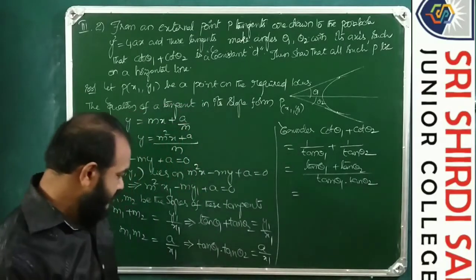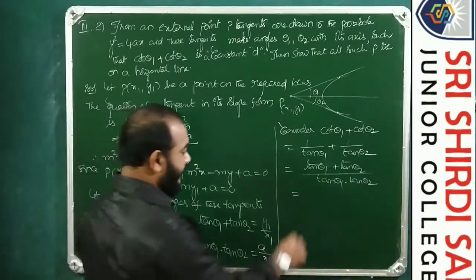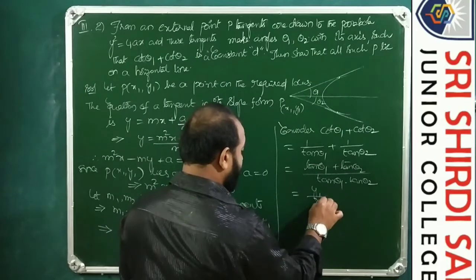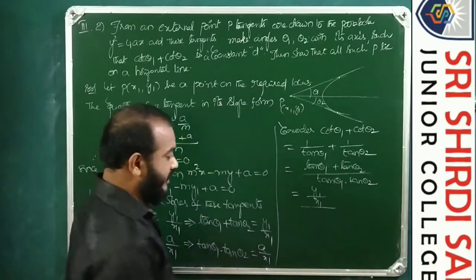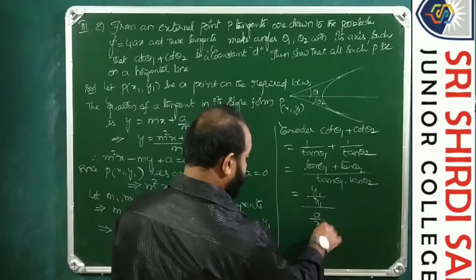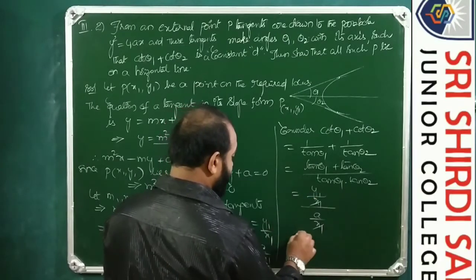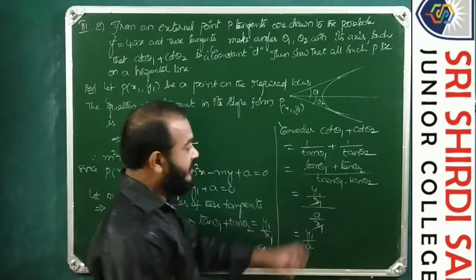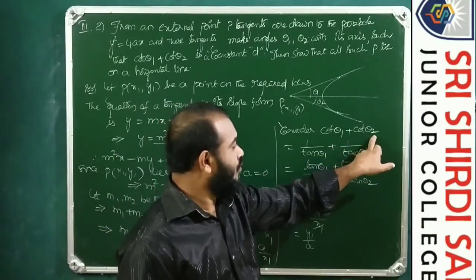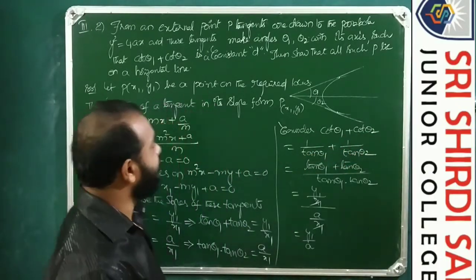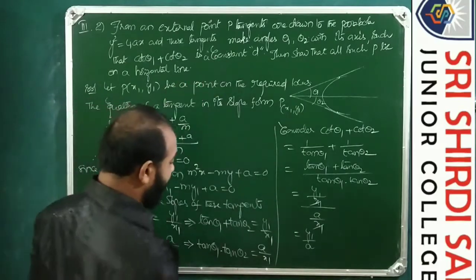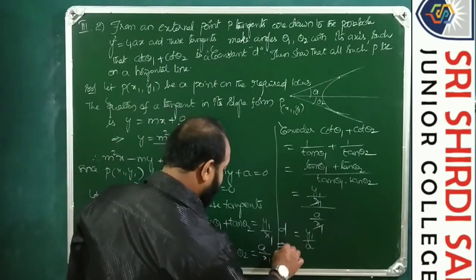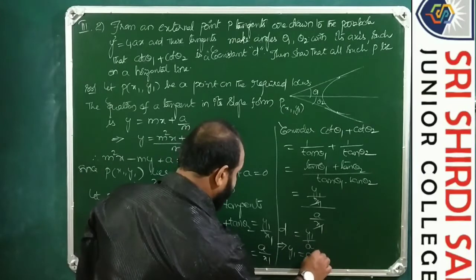Tan theta 1 plus tan theta 2 is y1 by x1, by this is a by x1. So this is equals to y1 by a, and this cot theta 1 plus cot theta 2 is equals to how much is given? A constant d. So from this y1 equals to ad.